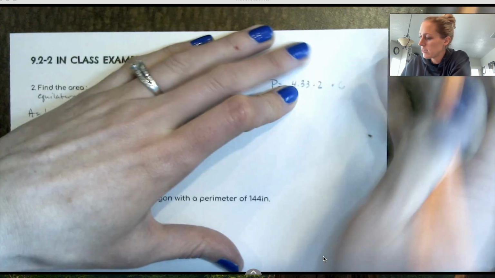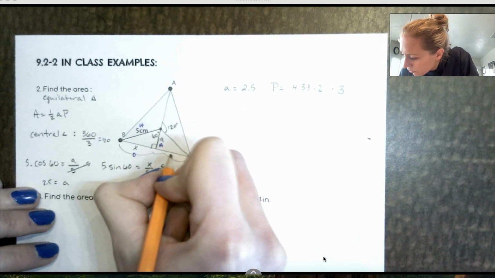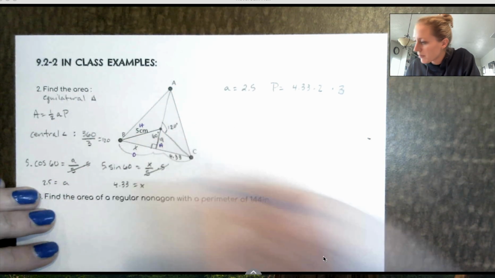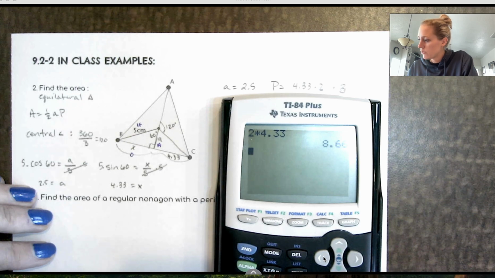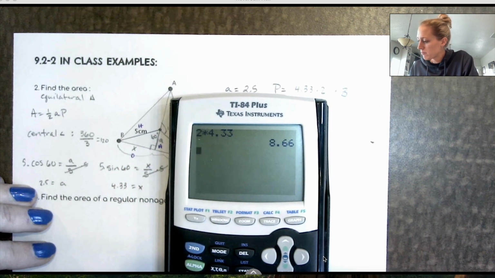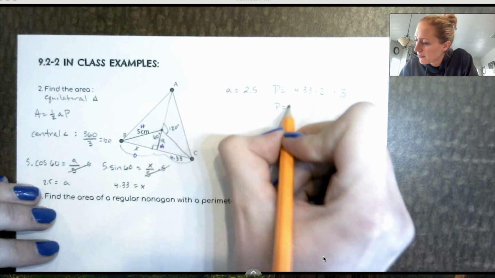Times 3 for the number of sides. So again, this was 4.33. If I double it, 2 times 4.33, that gives me this whole side is 8.66.